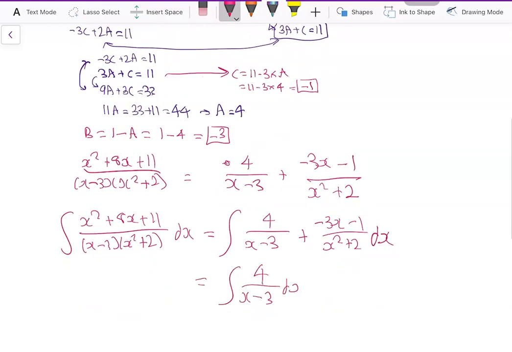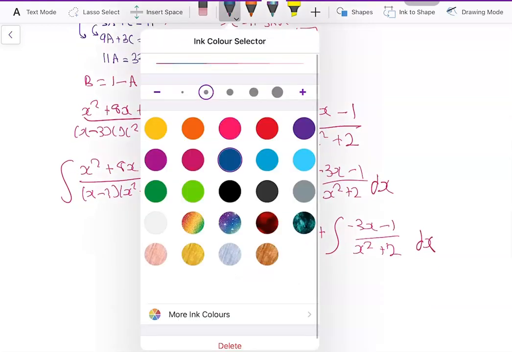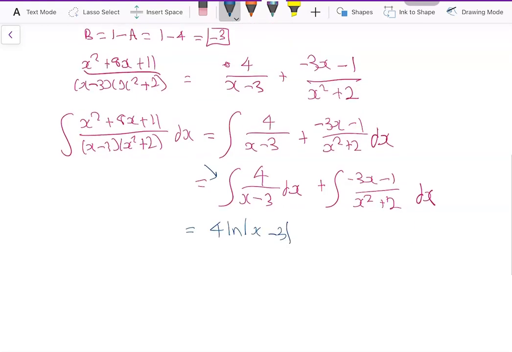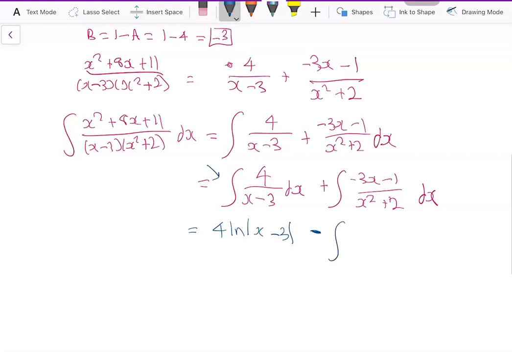We have the integral of 4 over x minus 3 plus the integral of (minus 3x minus 1) over x squared plus 2 dx. Okay, this we'll have 4 ln of |x minus 3|, and can put a minus sign here and put the integral of (3x plus 1) over x squared plus 2 dx.